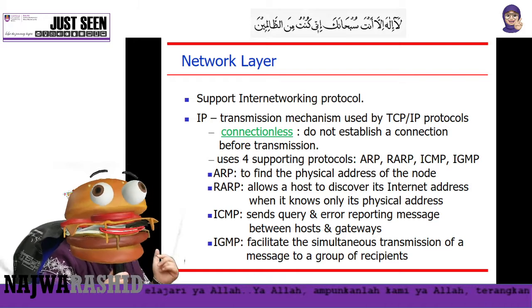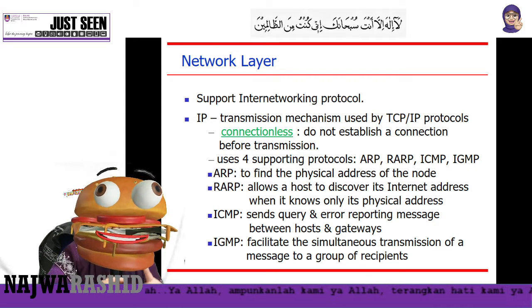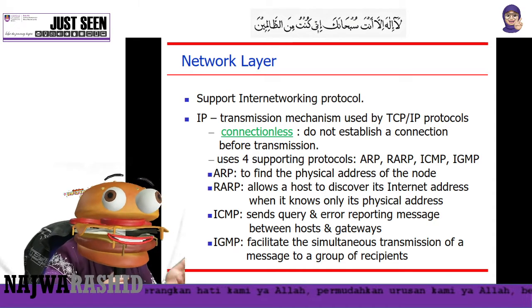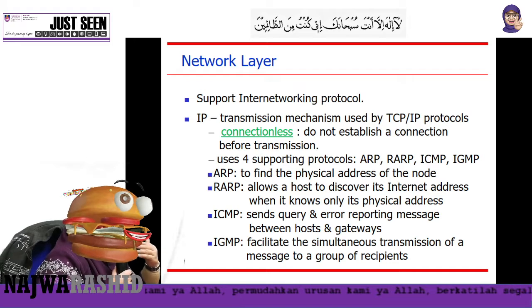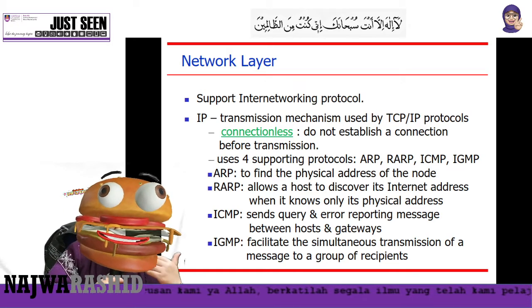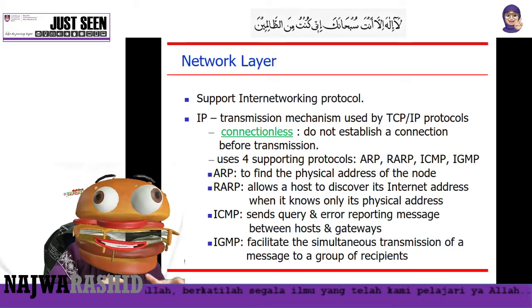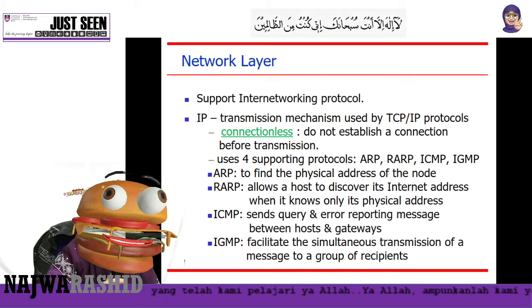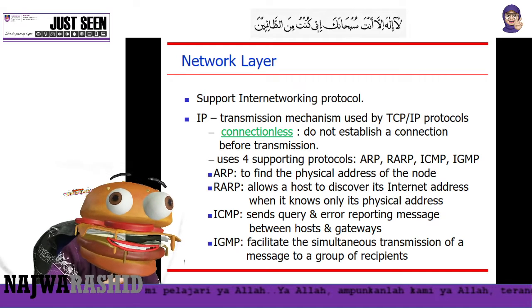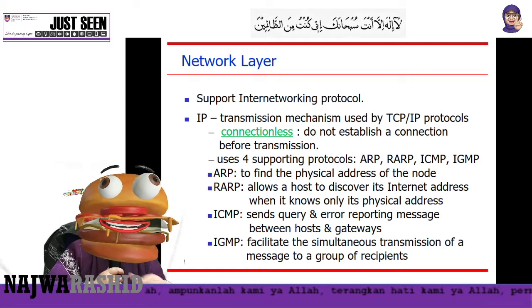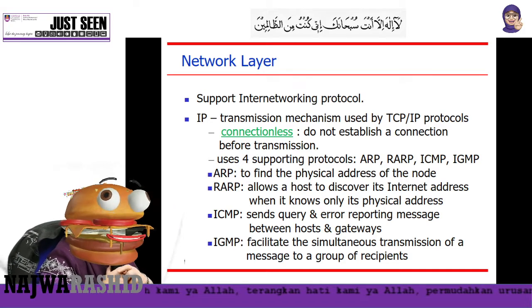This protocol facilitates the simultaneous transmission of a message to a group of recipients. So if you do communication using simultaneous data transmission to both parties at the same time, do you understand? Simultaneous data, so you need to use this protocol.